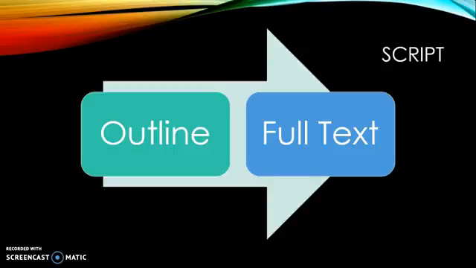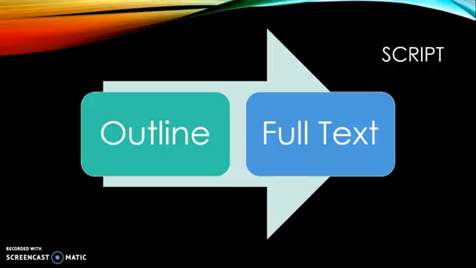Next is a script, and you want to make an outline first of each episode. So for each episode you should outline what you're going to talk about. Get some ideas out there. Show what you first talk about, what you'll next talk about, and then script out the full text. I don't require you to do the entire text of any podcast, because some podcasts should really be shooting from the hip anyway. It's a little bit more spontaneous and more fun that way. But if you feel like it, you could write out the full text for the entire podcast episode that you want to do.